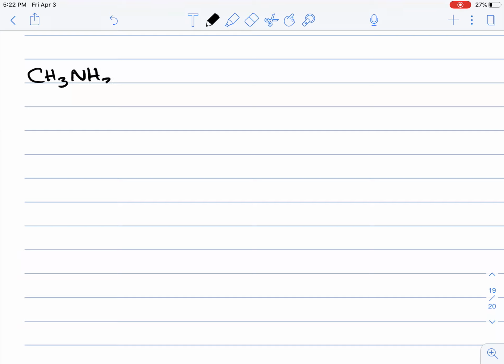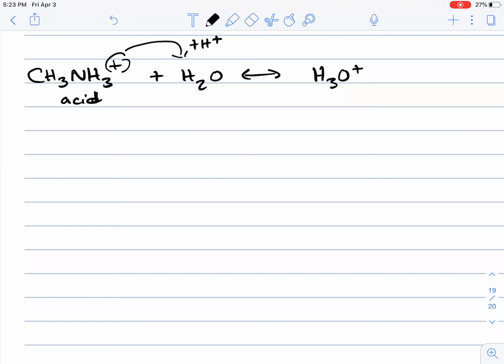Methyl ammonium reacting with water. And since it's a positive sign, we know that this is going to be an acid. And acids donate protons, and so therefore one of our products is going to be H3O⁺. So it's going to go ahead and donate one positive charge, or one proton, to water, creating H3O⁺.